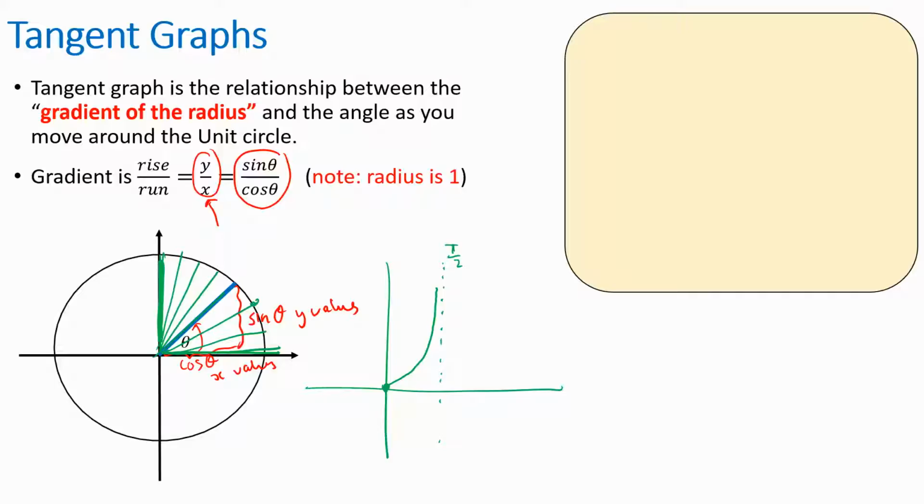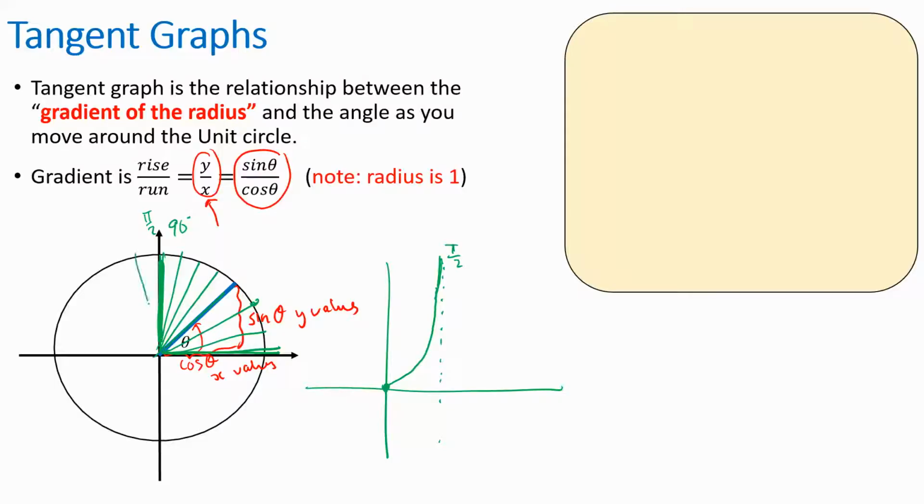And we know in year 9, a vertical gradient is an undefined gradient, which is why at pi on 2, which is 90 degrees, a vertical line is undefined. That's why it's undefined at this point, and that's why it goes into infinity, and it's always positive, but you never touch that line at pi on 2.